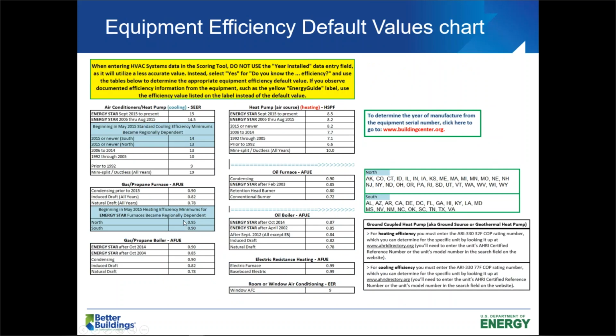And then on the heating side, for the combustion heating systems, gas and propane, that flips. So the higher efficiency is expected in the north, and the slightly lower efficiencies are required in the south. So this is not really a whole lot different from what you've been dealing with before, other than that it is a static page, and we do have this sort of oddity where we're defined by north and south.